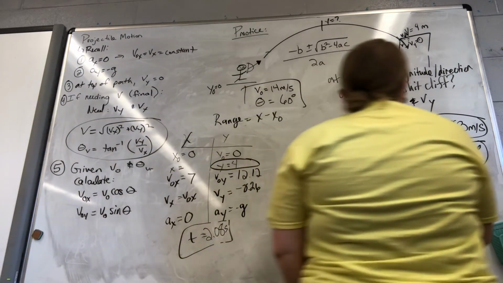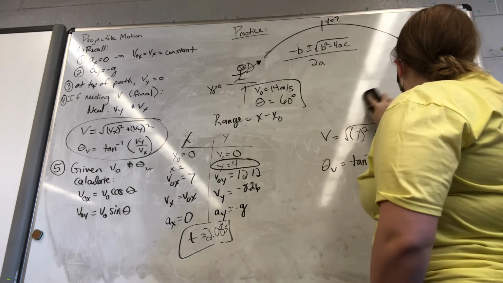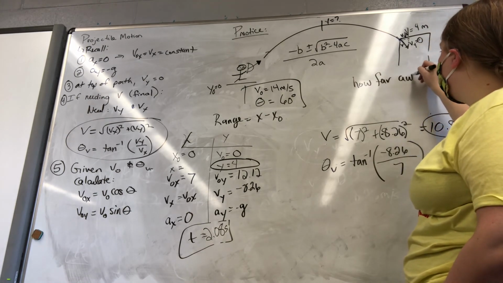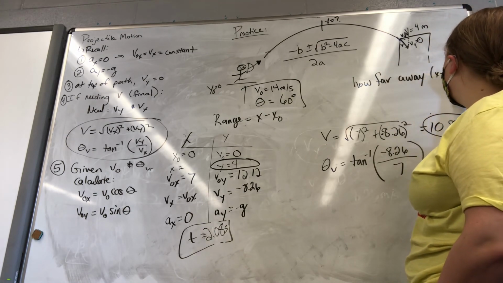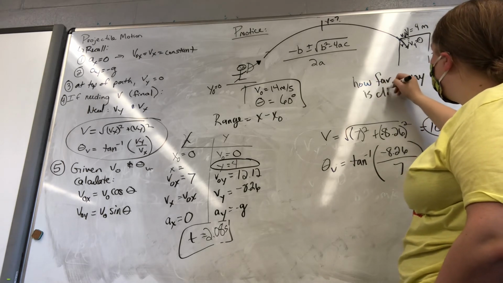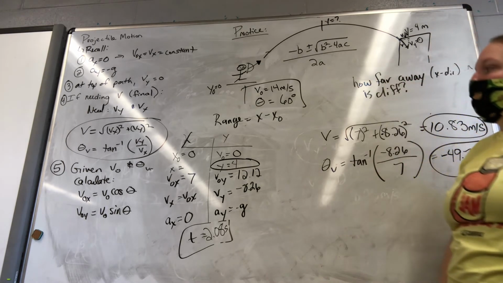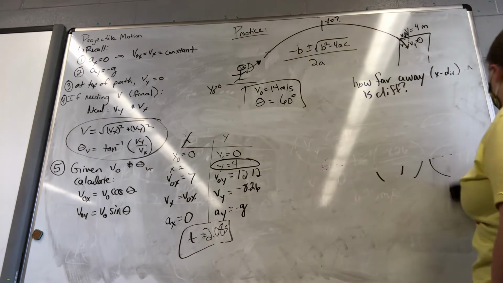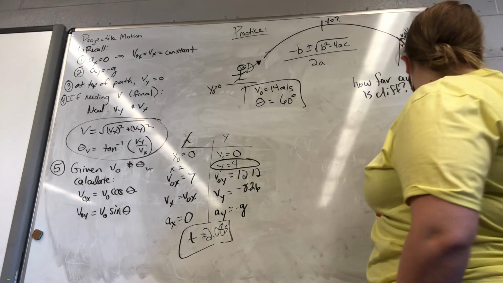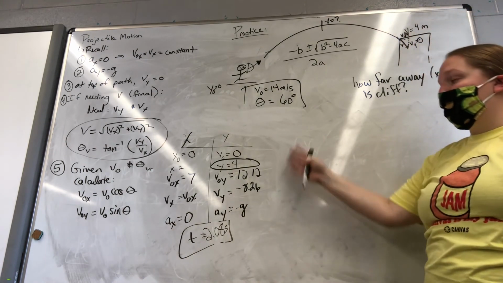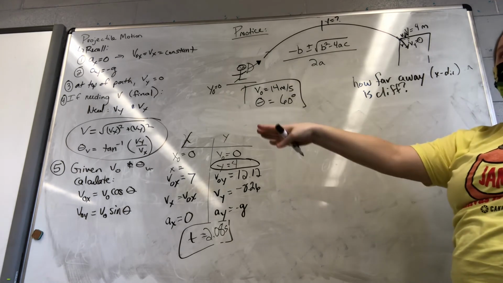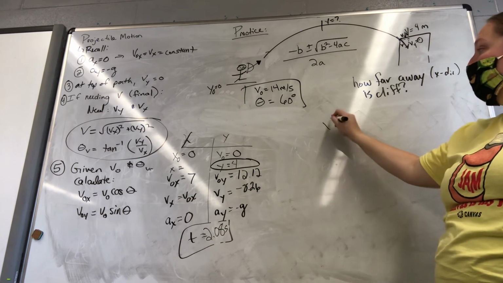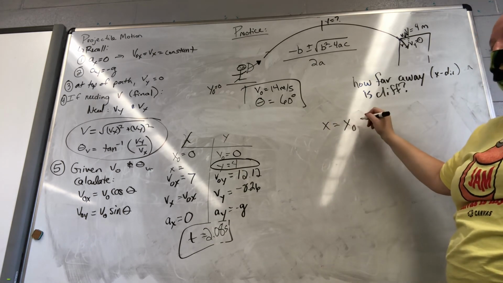Okay, so let's do another one. Let's say, how far away is the cliff? Okay. So looking at your formulas, what formula should we use? I guess here's the first question. Can we use information that we already have? Are we still analyzing the same problem that we were just analyzing? Yes. So, what formula can we use for x? X minus initial X plus VXT.